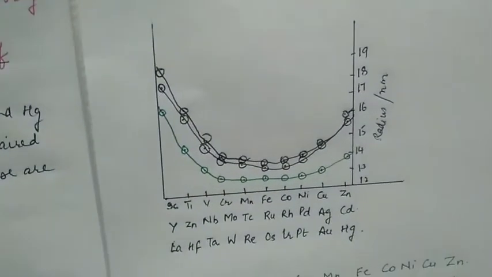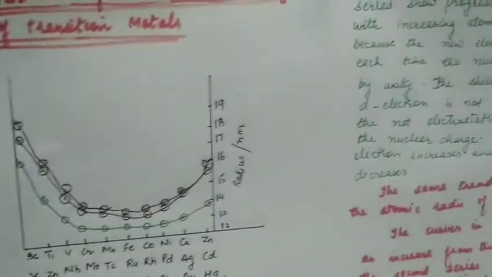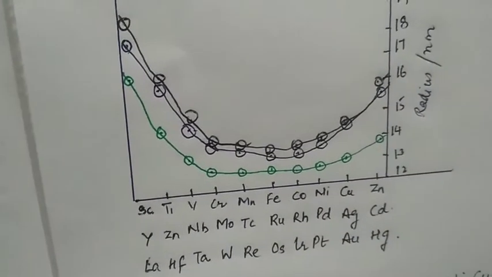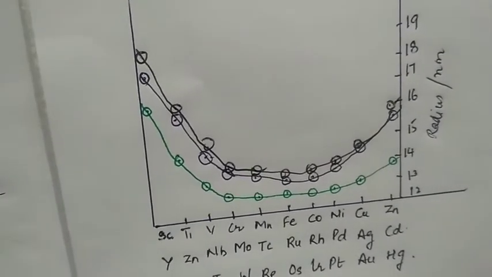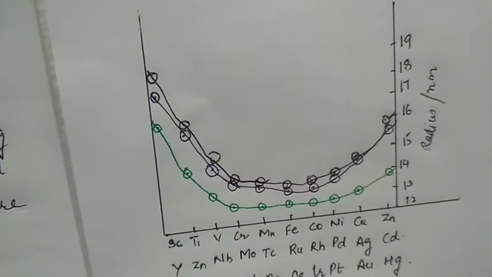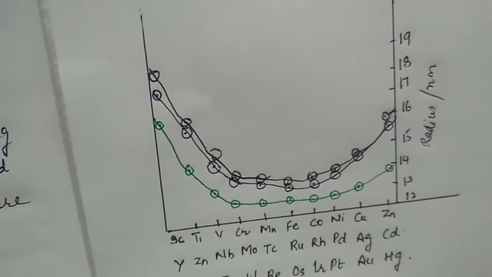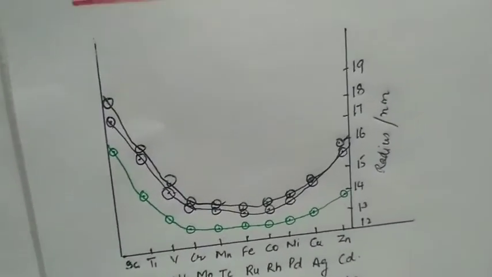Variation of atomic and ionic sizes of transition metals. Radius for the first transition series will first decrease from scandium towards manganese, then it's more or less the same near iron, cobalt, nickel, and then it again increases.